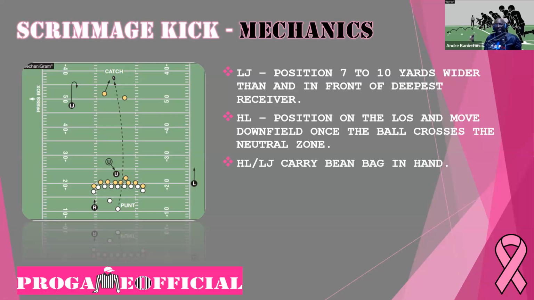Head linesman and line judge, carry your bean bag in your hand, even on a scrimmage kick, because if there's first touching by K downfield, we need to have a bean bag on that. And we also have a bean bag when R recovers the ball. So really, the line judge, if you're working line, you should have a minimum of 2 bean bags, one for first touching and one for when the kick ends.